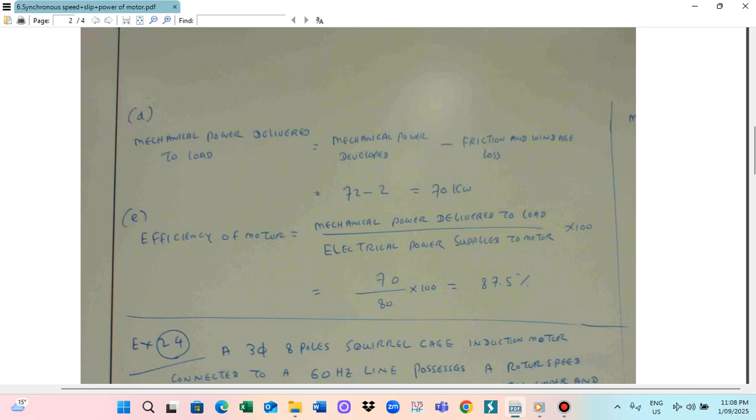We substitute: 72 minus 2, which equals 70 kilowatts.